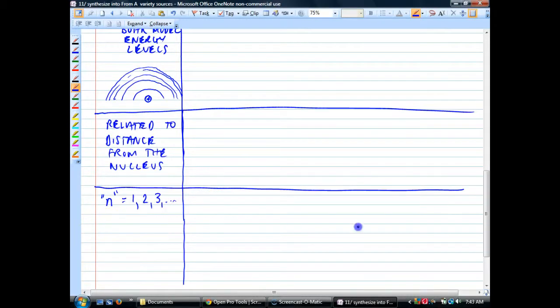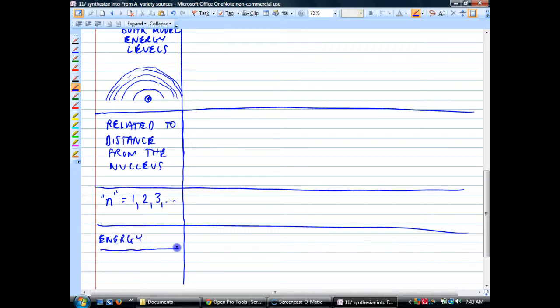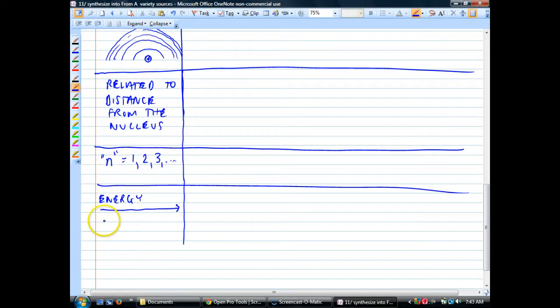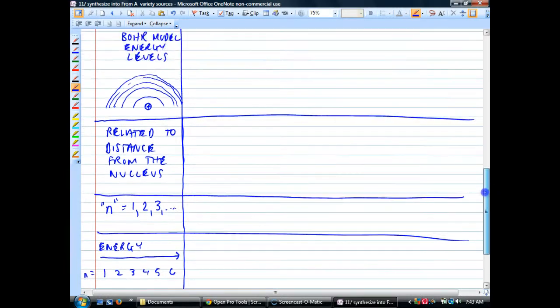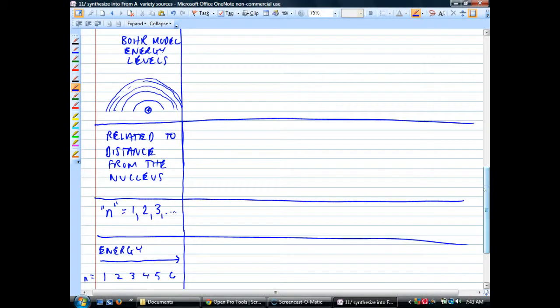In terms of energy, if I say increasing energy from left to right, then it goes like this. Basically, the higher the N value, the more energy you have. So that's just a summary of this parameter, this property of you as an electron.